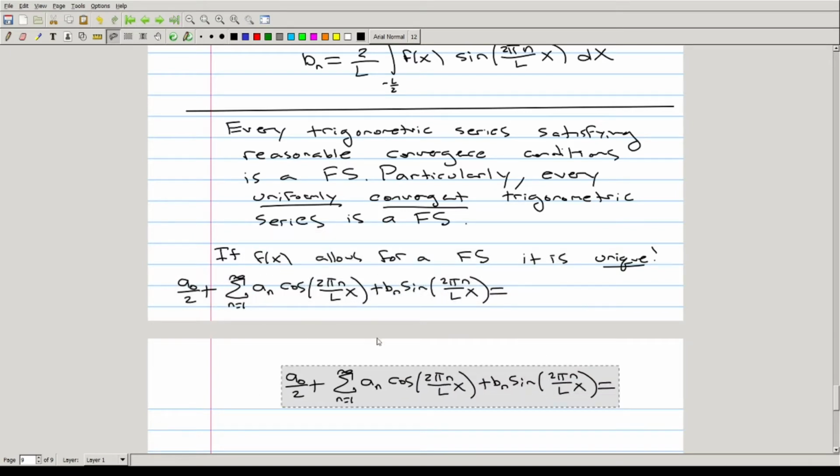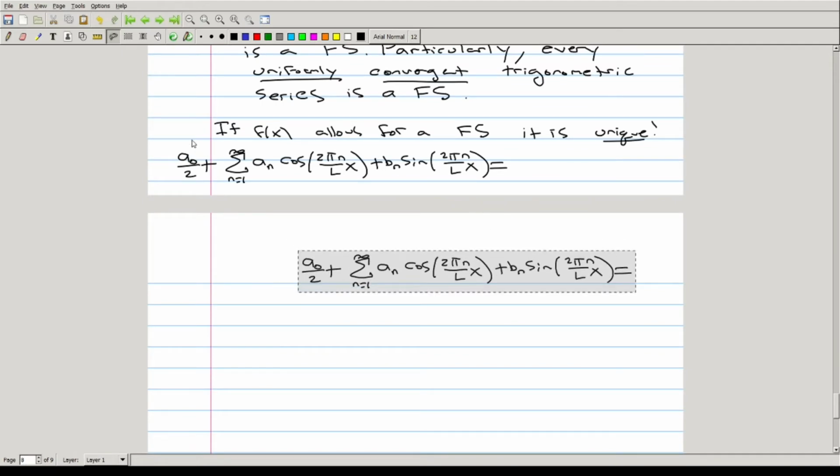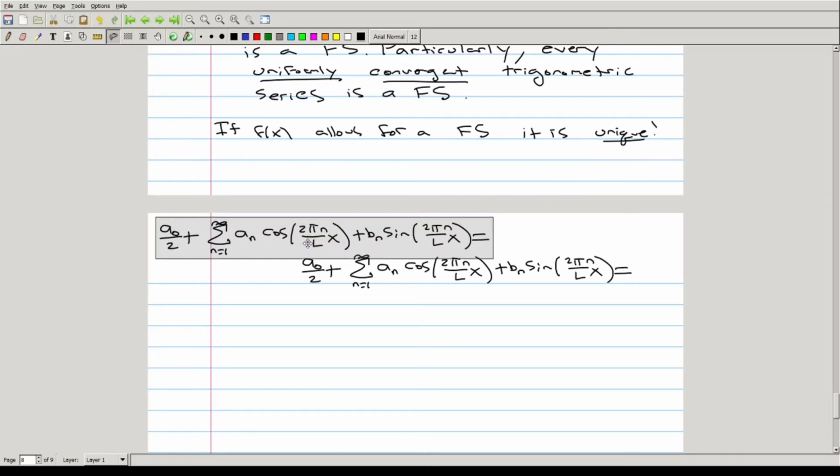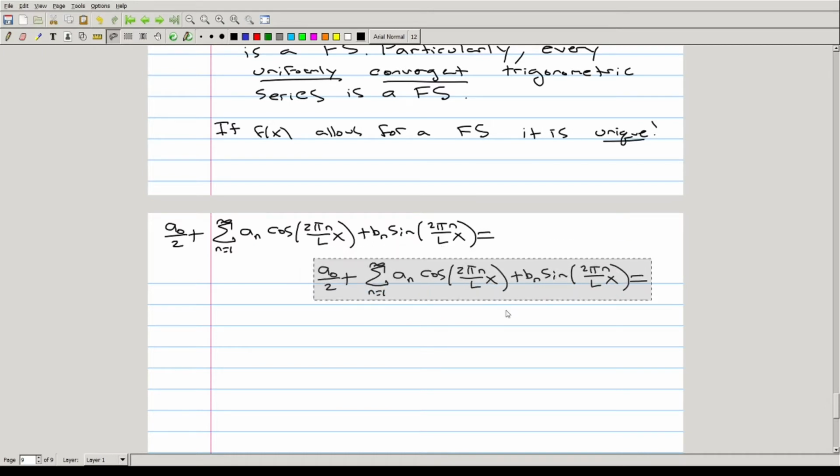If two Fourier series are in fact equal to one another, you can use the linear independence of the basis functions. So on the left hand side we have a naught, an, and bn, on the right hand side we have a naught prime, an prime, and bn prime.